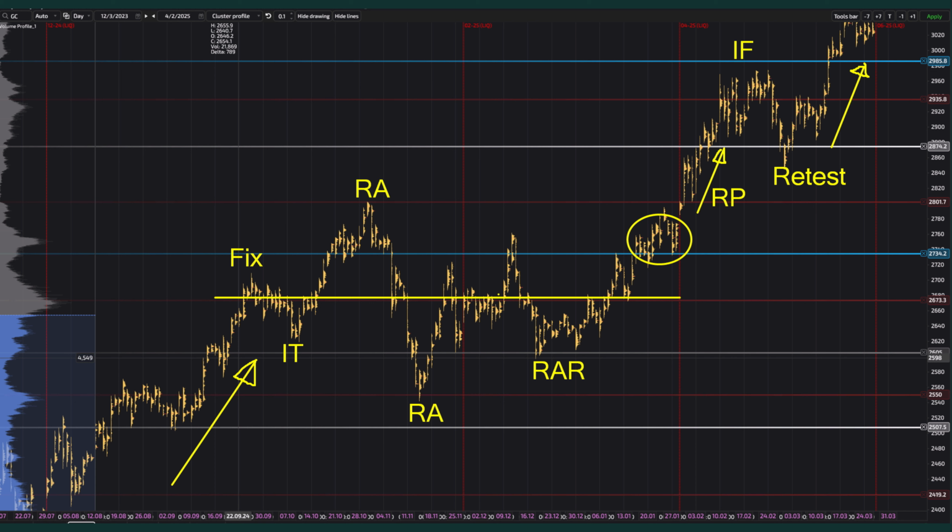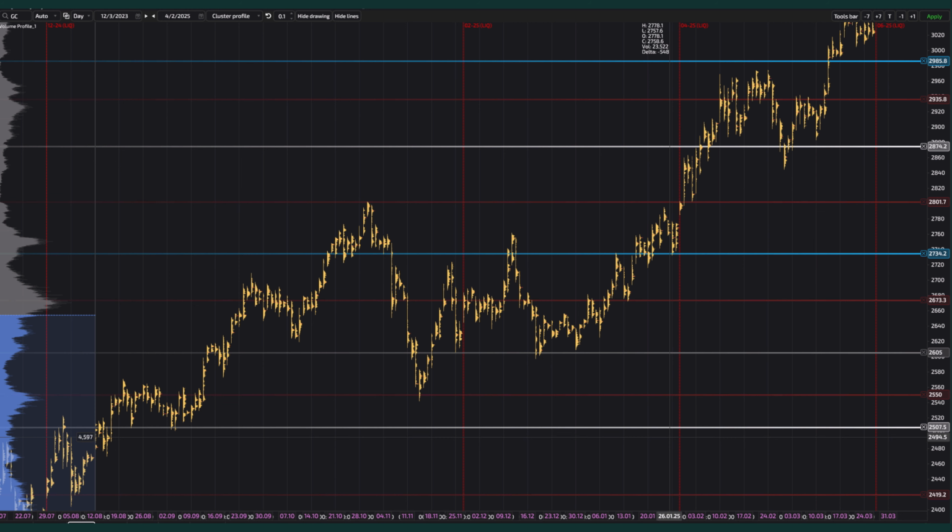The third segment can take different forms. In this case, this was responsive activity reinforcement plus push through rotations. Then we see repositioning of the balance and initial fill, retest, and move continuation. This is the market structure DNA. Let's move on.